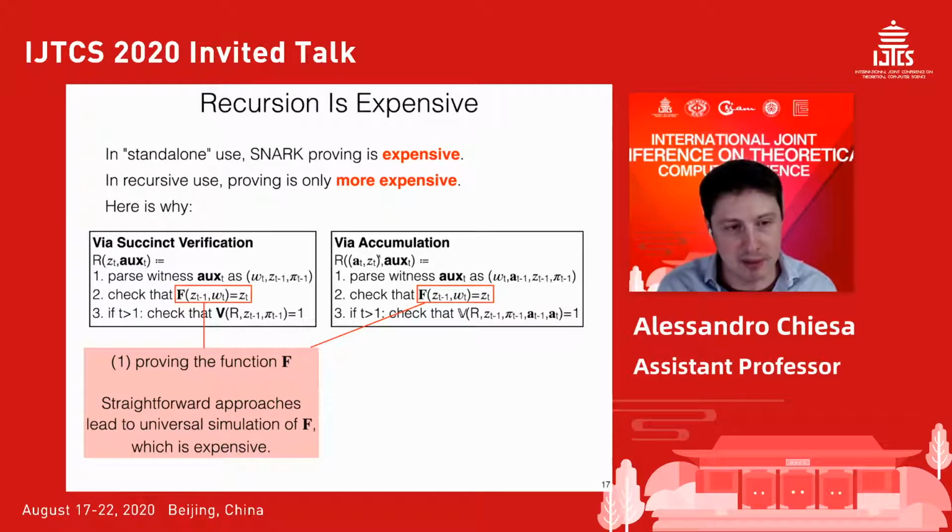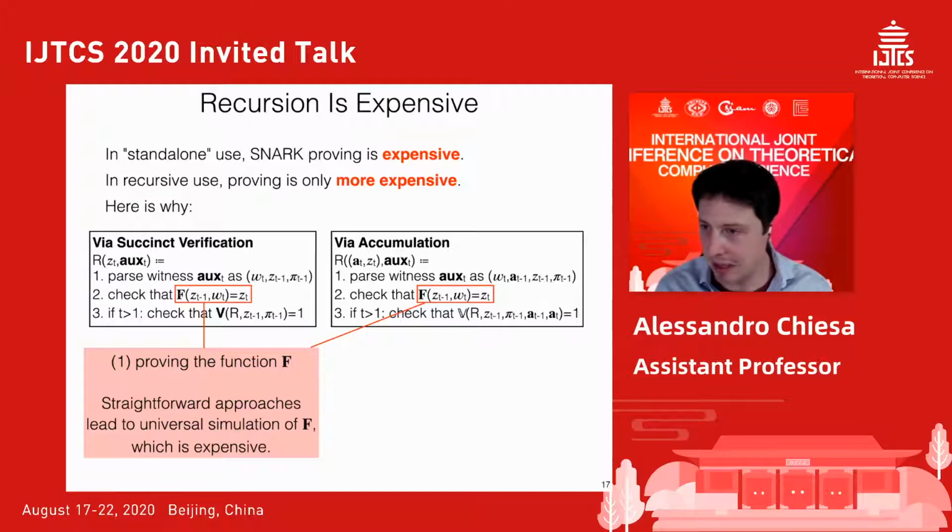The first one is that you're going to have to prove the function f, right? You have this circularity here, R and R, and straightforward approaches to resolve the circularity actually lead you to do universal simulation of the description of the computation f, which causes big overheads.